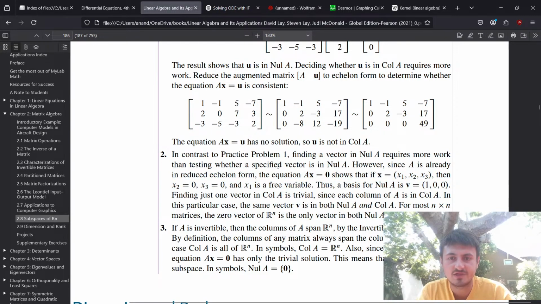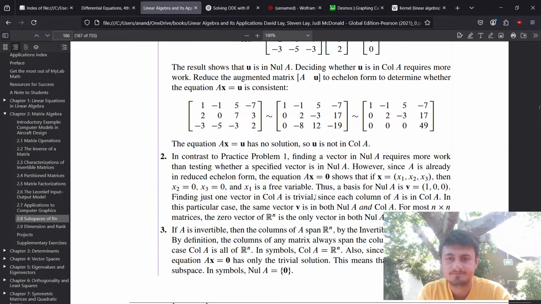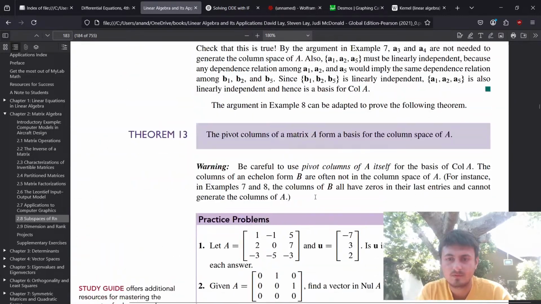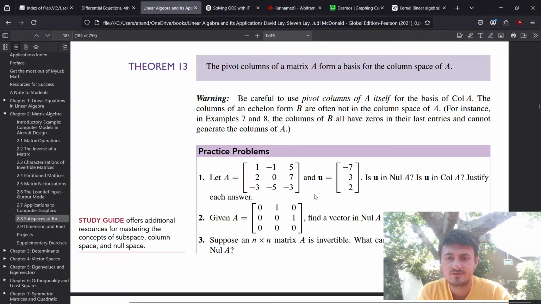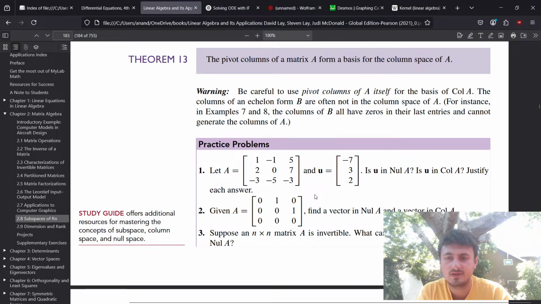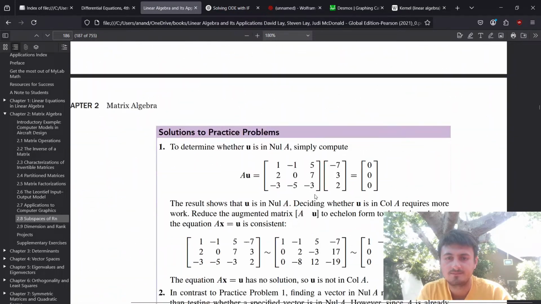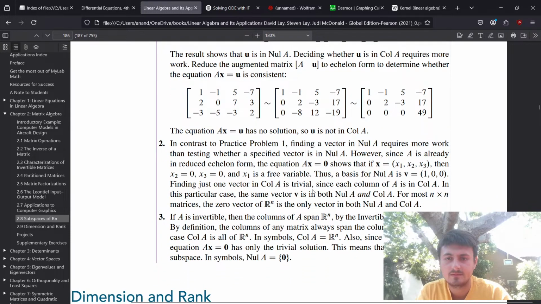However, since A is already in reduced echelon form, the... wait, did it ask for a basis? It just says find a vector in Nul A. Oh, here's an interesting statement.